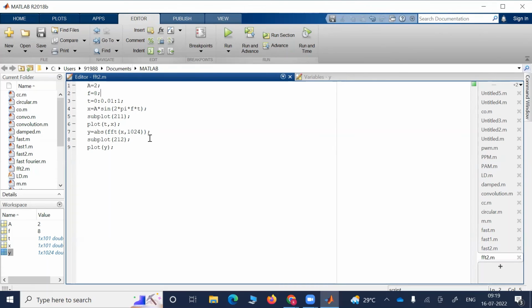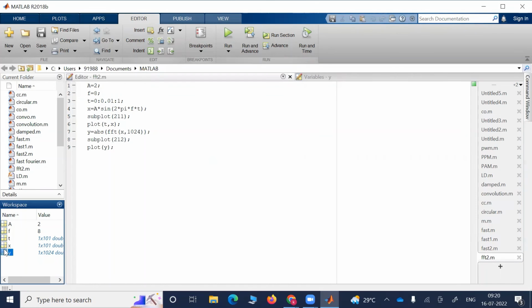We have to choose the value of n properly, because as the n value increases, the resolution in the frequency domain will increase. Also, the number of samples of the FFT should be greater than or equal to the number of samples of the original signal. Otherwise, we will not get a proper output.